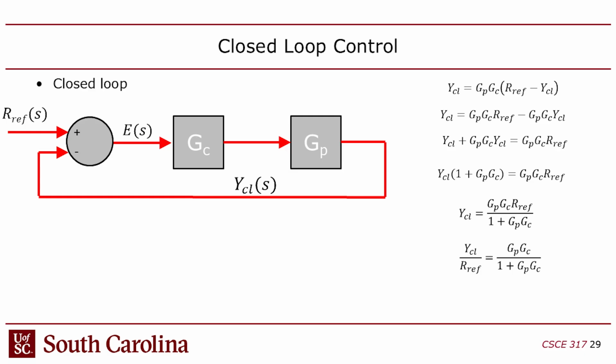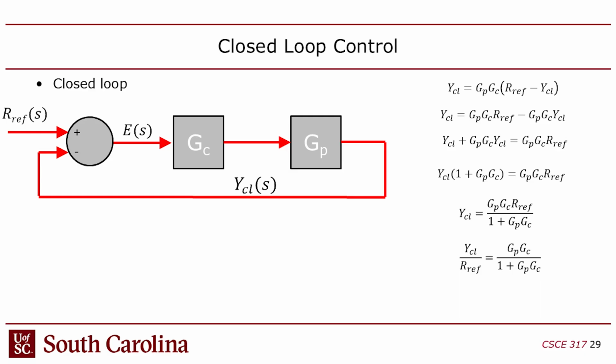But then you're multiplying it by GP, GC. So remember, open loop is this times this, and then multiplied by this. So that closed loop is these 3 terms multiplied against one another, and I took out this and replaced it with RRef minus YCL.